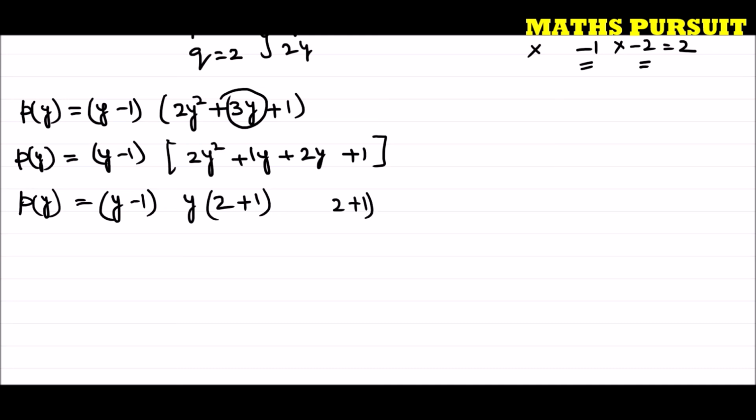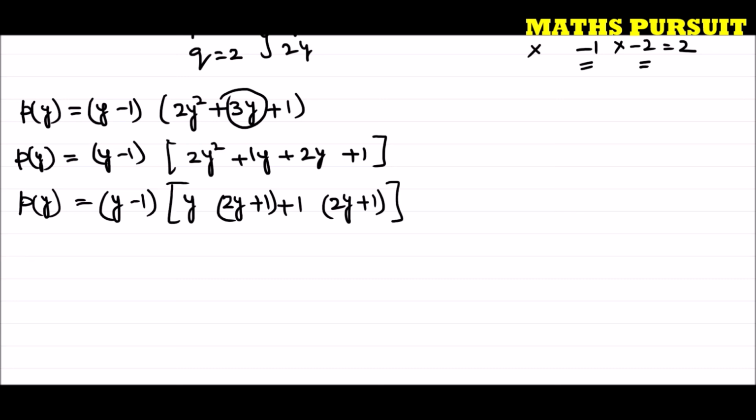Something is wrong here, let me put it this way. Taking y as common, I can write this as y(2y plus 1). Now keeping 2y plus 1 as it is, I can write plus 1, because if I multiply 1 with this 2y, I am getting 2y, and if I multiply 1 with this 1, I am getting 1. So these are the two things I can write.